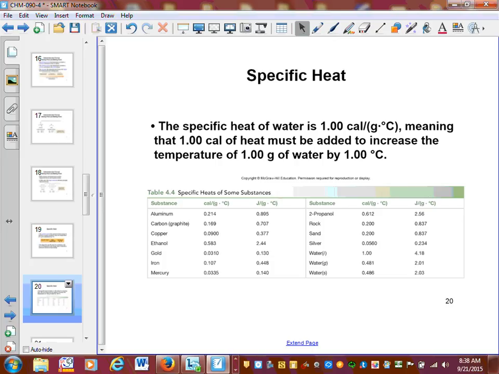Is that good or bad? What do we use aluminum, copper, and iron for? Pots and pans. So if they had high specific heats, if they absorbed the energy, you wouldn't be able to cook anything. They transfer the heat to whatever you're cooking, which is why they get hot.